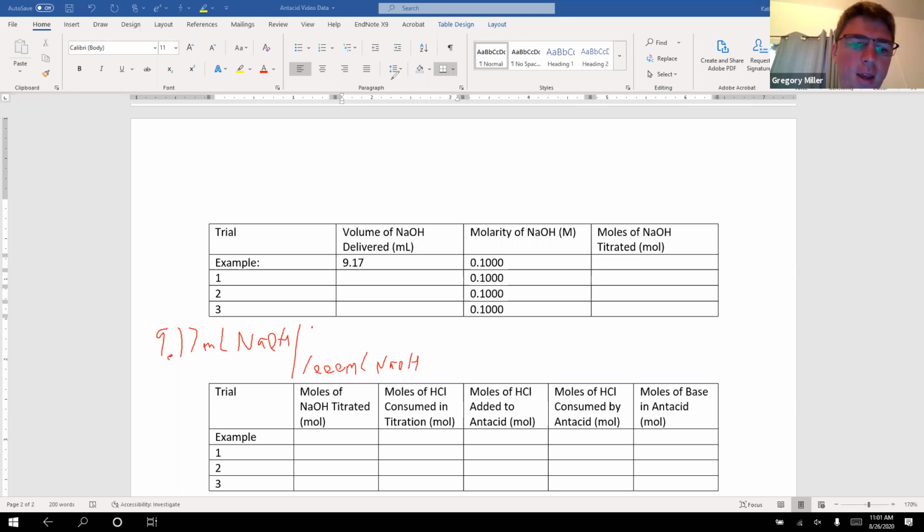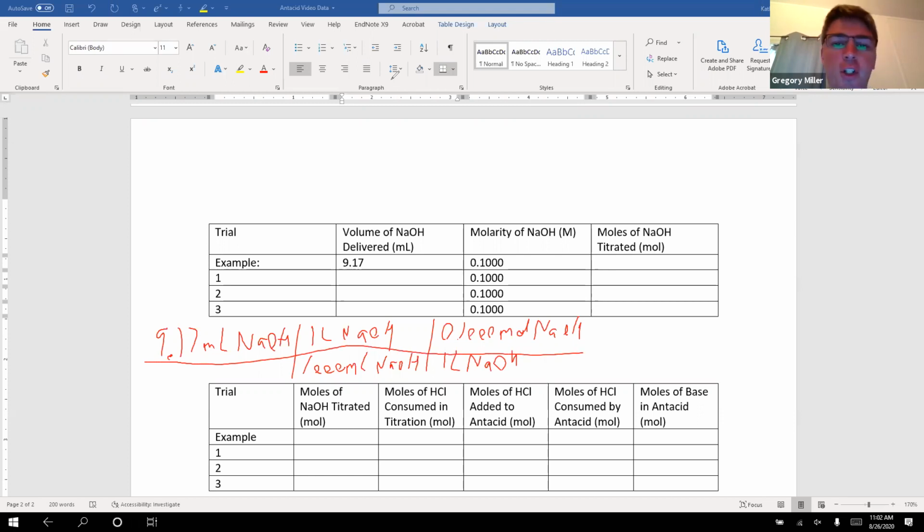Again, we'll need the volume in liters and then the molarity of NaOH that was provided to us. In this case, it's also 0.1. A lot of the concentrations we used last week were 0.1. That's honestly just because it's an easy amount to make. But whatever is on the bottle is the number that you'll need. It won't always be 0.1.